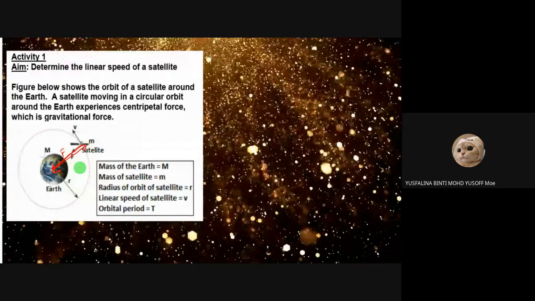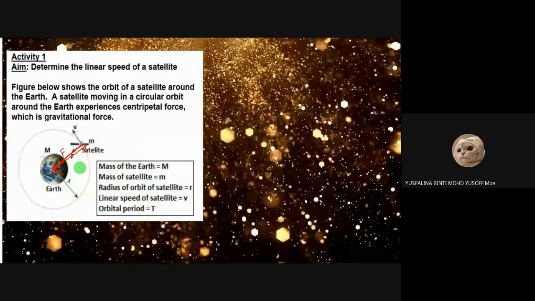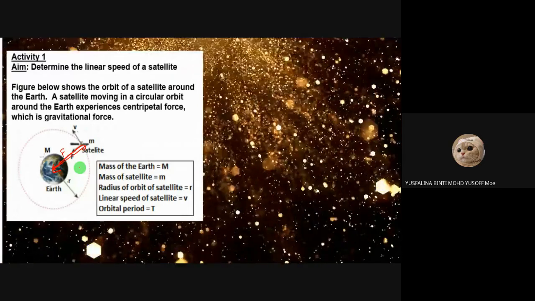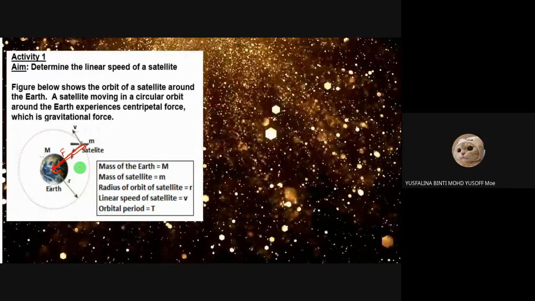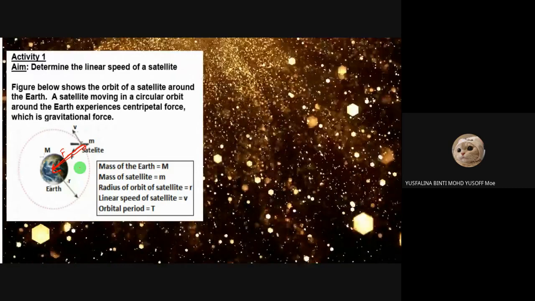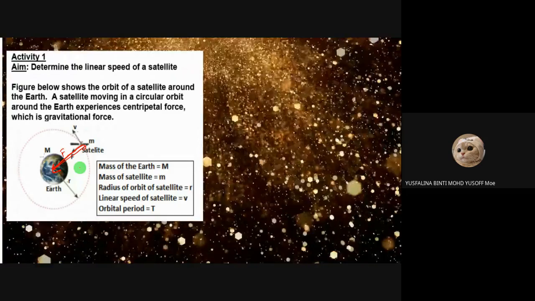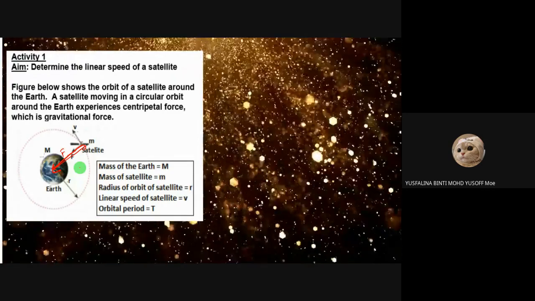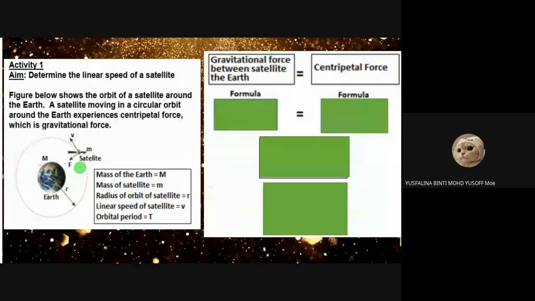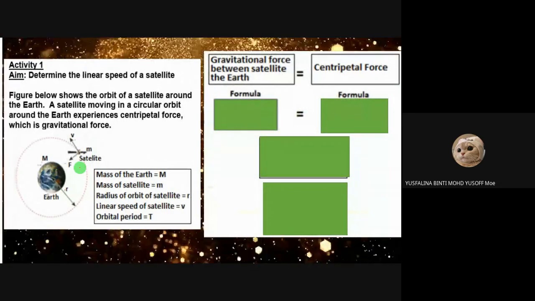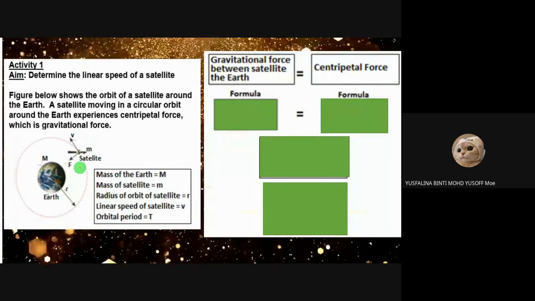We assume that the gravitational force equals the centripetal force, because both are the force acting between two objects and attracting them. So this is the first equation: the gravitational force between the satellite and the Earth equals the centripetal force.